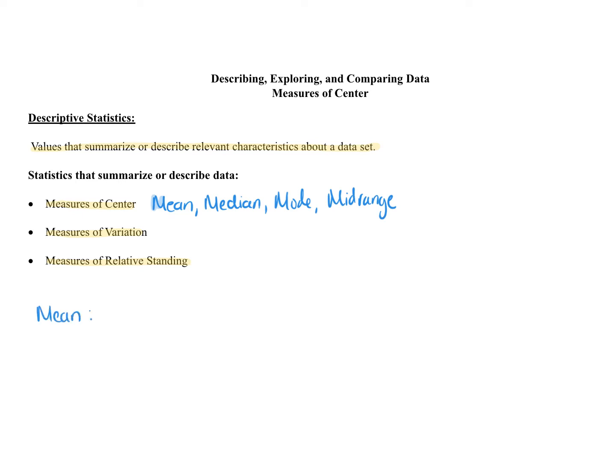And if we're talking about a sample mean, then I'm referring to X bar. So to calculate the mean for your data, you want to take all the values in your data set and sum them up. That's the Greek symbol for sum. And then you divide it by your sample size, okay? And that gives you your sample mean.